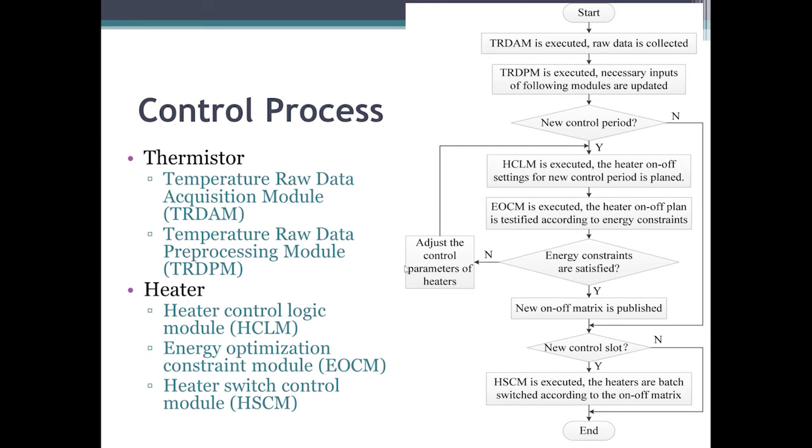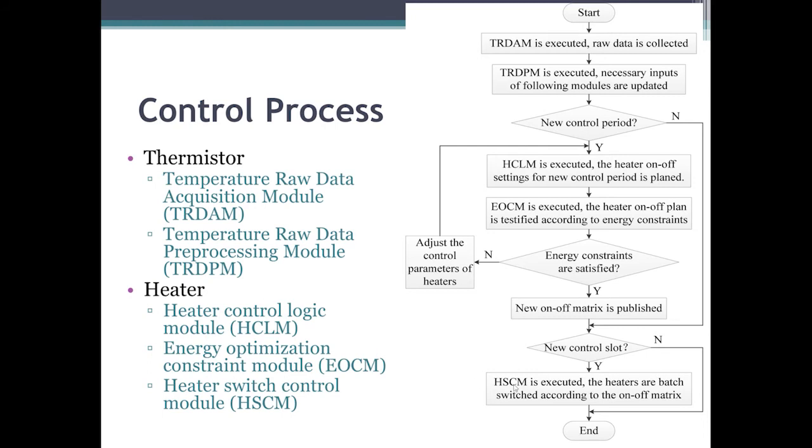Through those two modules, the processing requirements of thermistors in existing spacecraft autonomous thermal control can be met, and the input data needed for heater control can be obtained.